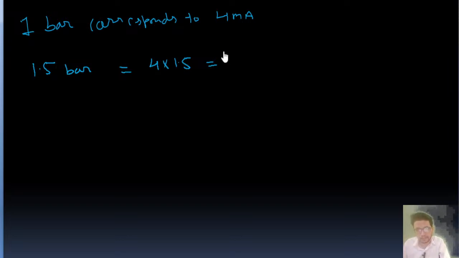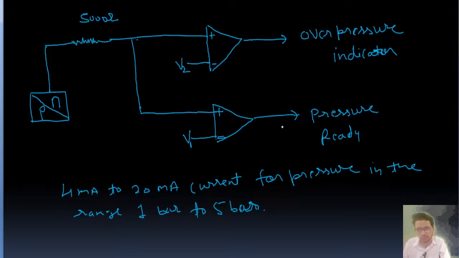If you calculate it, this value is going to be 6 milliampere. So 1.5 bar corresponds to 4 into 1.5, that is 6 milliampere. From here we have the current, so we can get V1.